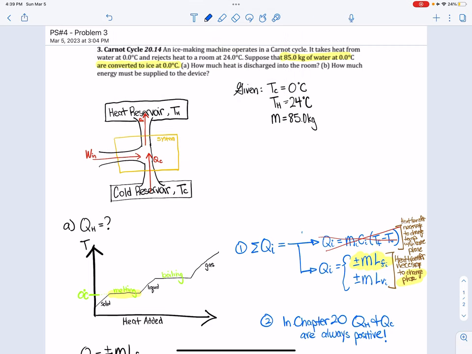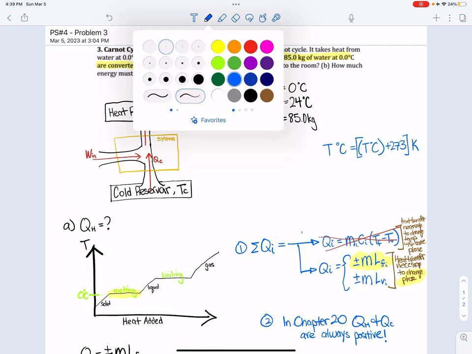I think at this point we already know how to convert Celsius to Kelvin, but if we forgot, to convert a temperature in degrees Celsius to Kelvin, we would just add 273 to that value, and we would get our temperature in Kelvin.